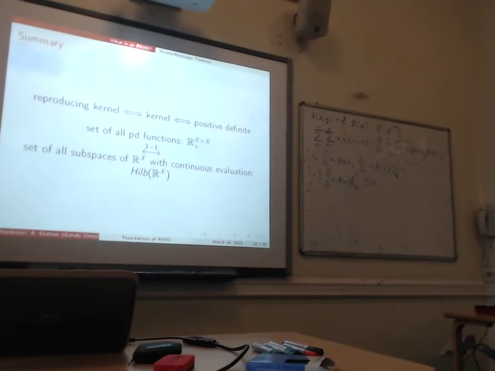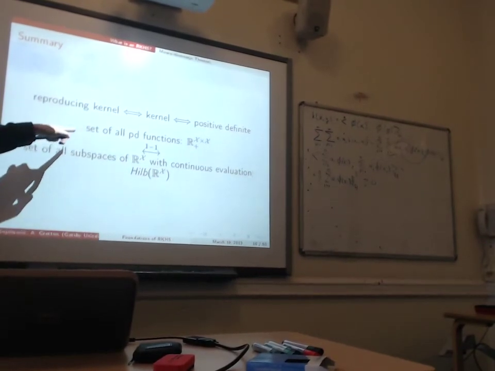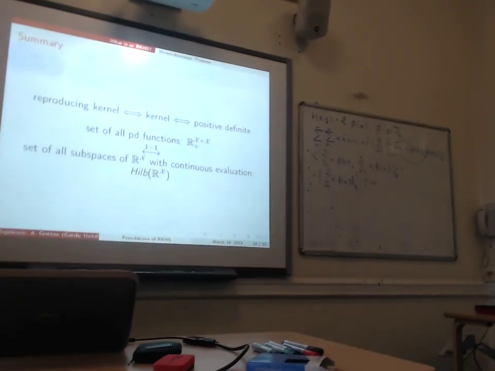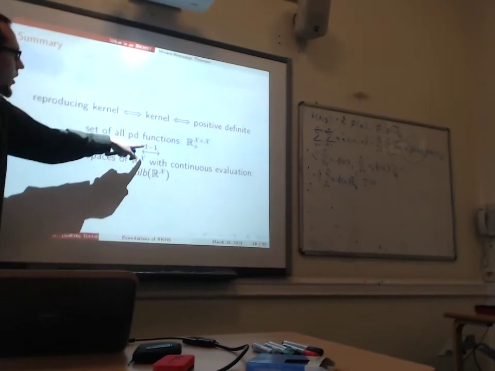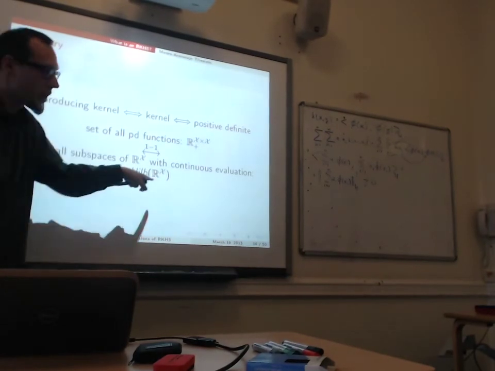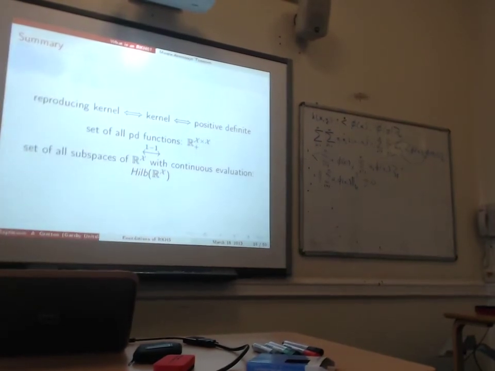And effectively what we also have done is we've established that the set of all positive definite functions, which actually has a geometry of a convex cone, it's often studied, it's an object of interest in various areas of analysis, is actually, we've established a one-to-one map between that and the set of RKHSs in that sense in which we've defined it.